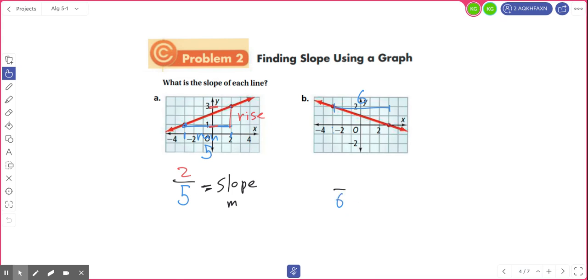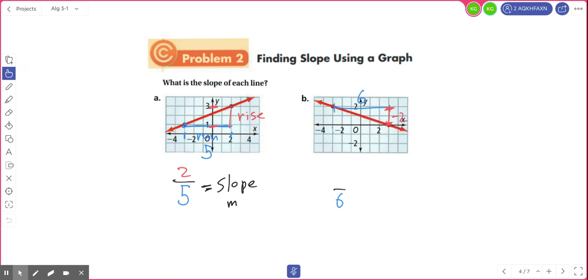And my rise, well, my rise is actually going down. So that is -2.